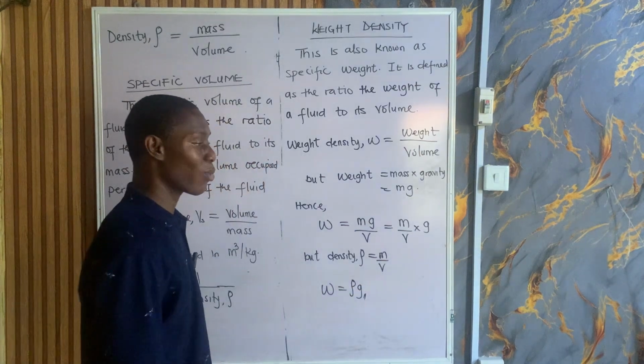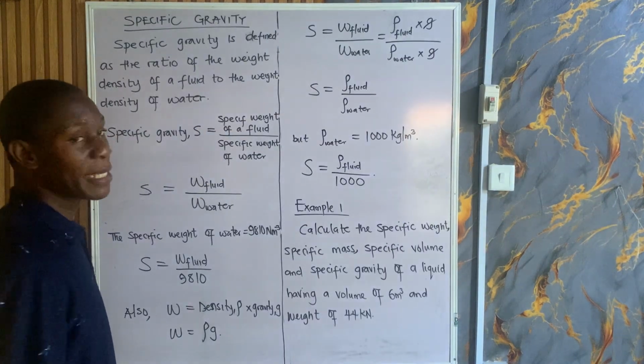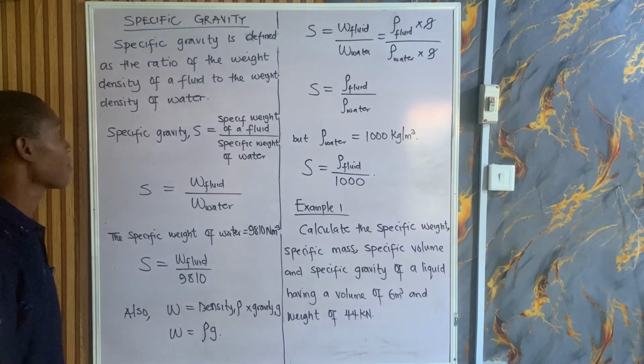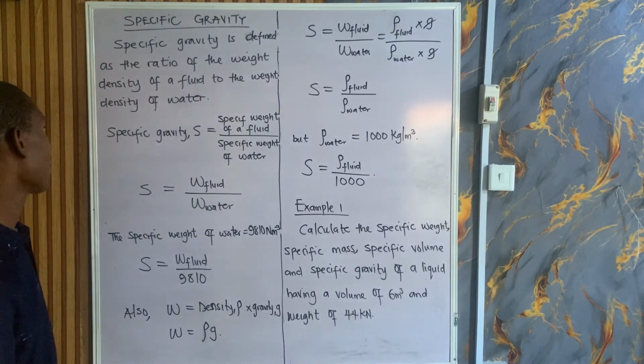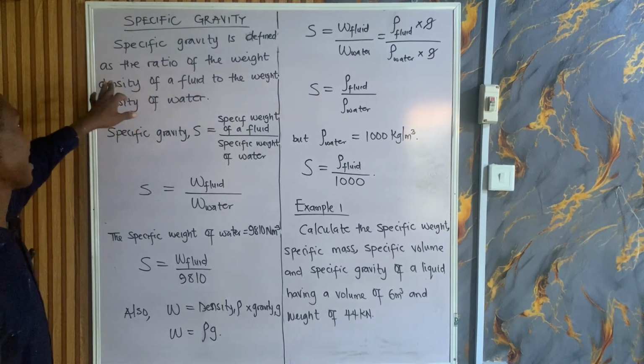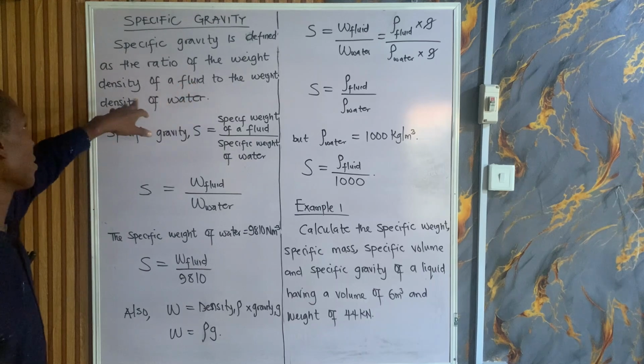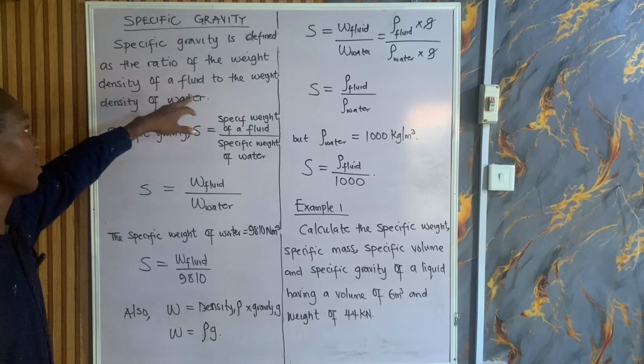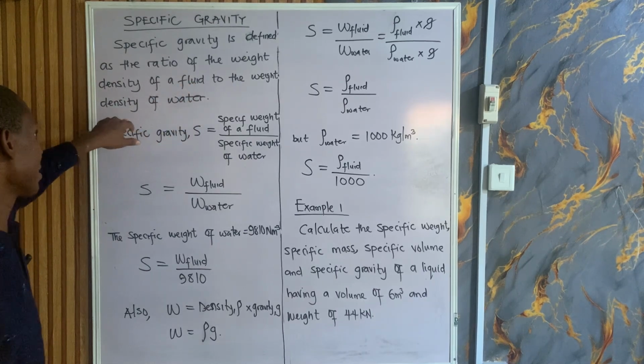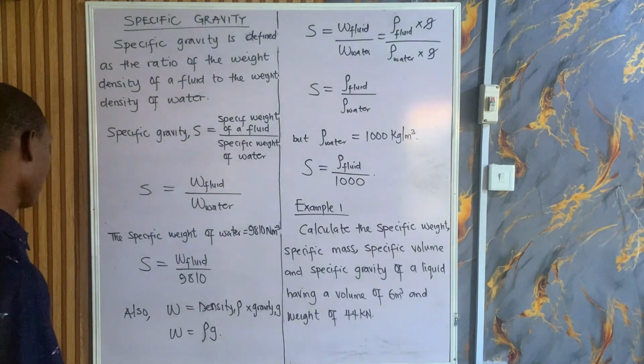So we're taking the last one now. Specific gravity, that's the last property we want to consider. Specific gravity is defined as the ratio of the weight density of a fluid to the weight density of water.